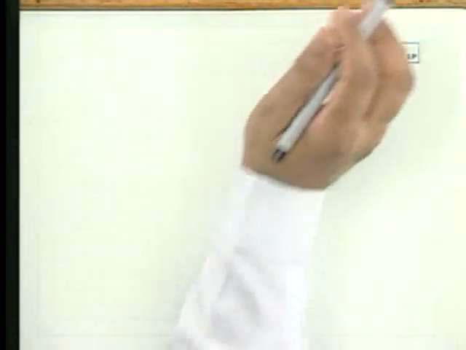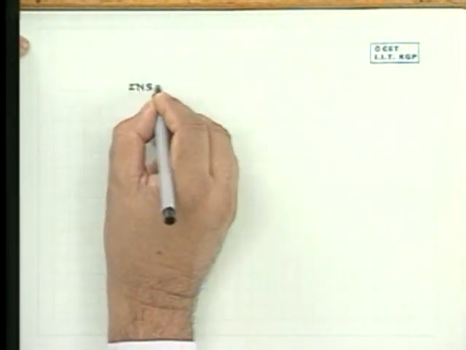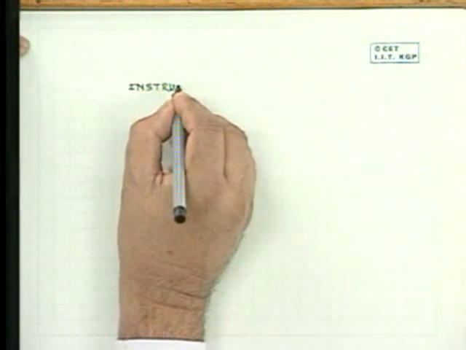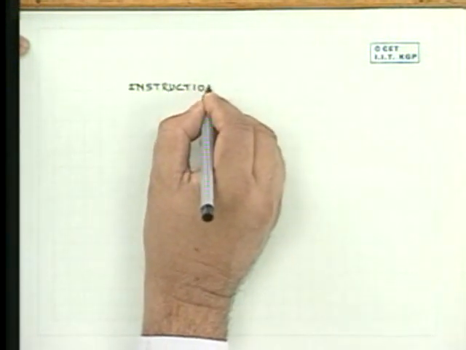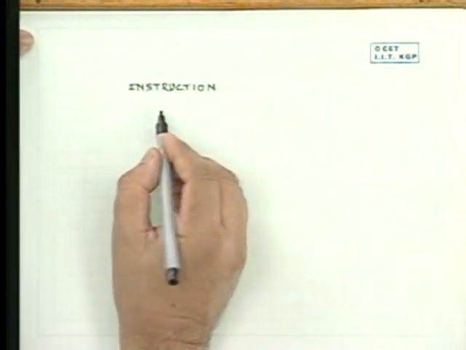Another important point is that whenever we are talking about an instruction, one instruction consists of 2 parts mainly.